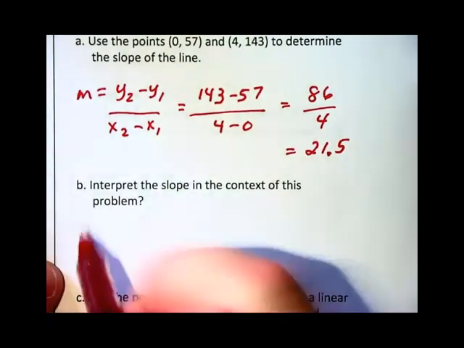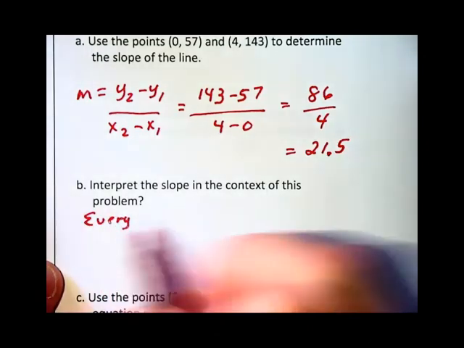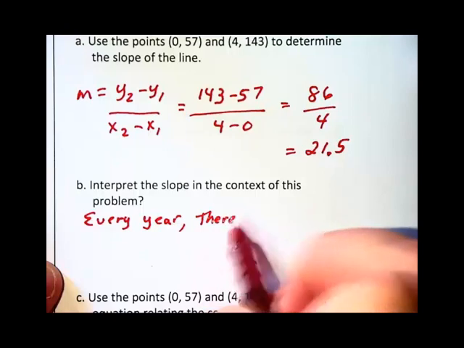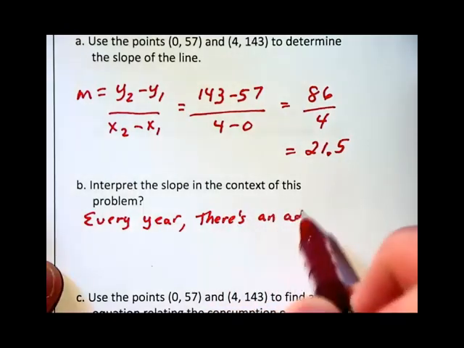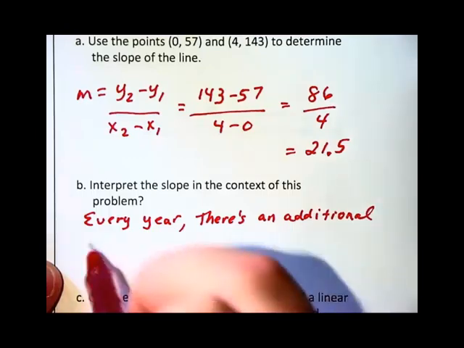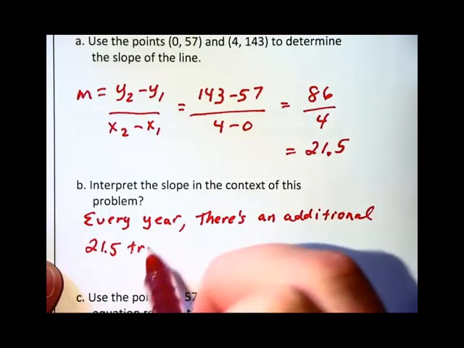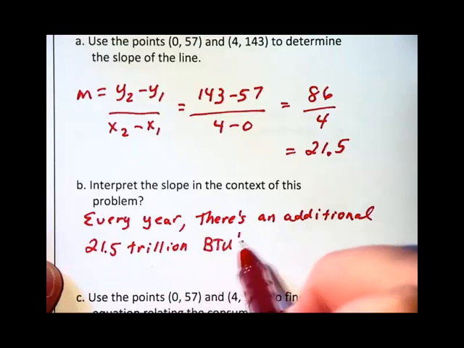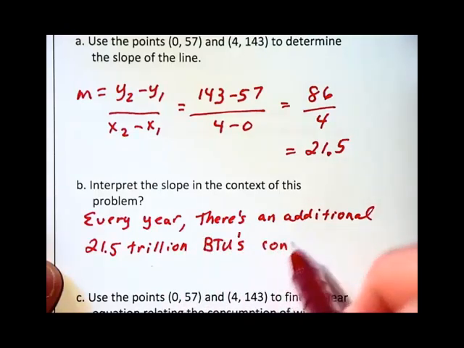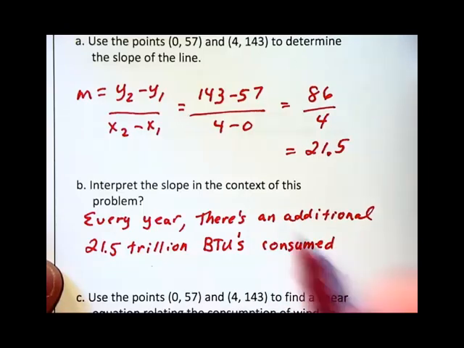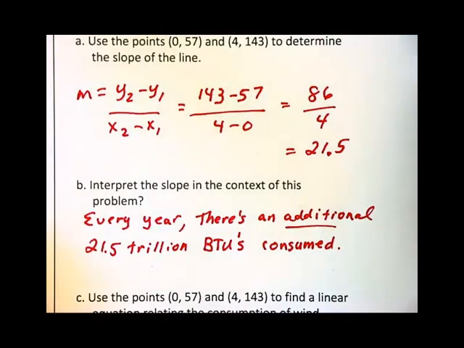That's going to mean every year, there's my time, I'm going to say there's an additional 21.5 trillion BTUs consumed. And it's not how much we're consuming, it's an additional amount over the previous year.